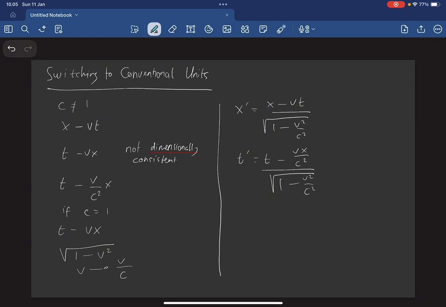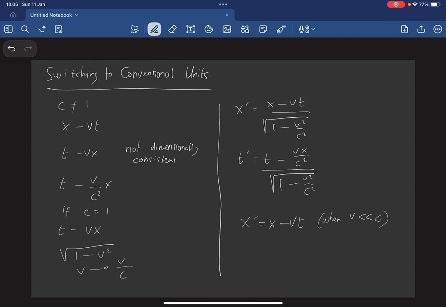To a very good approximation, we can write x prime equals x minus vt when v is much smaller than c. That's the good old Newtonian version of things.